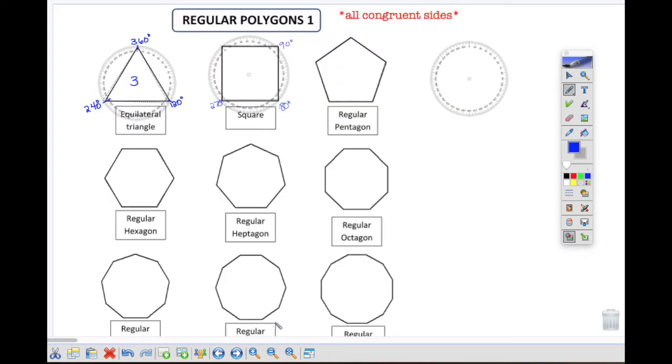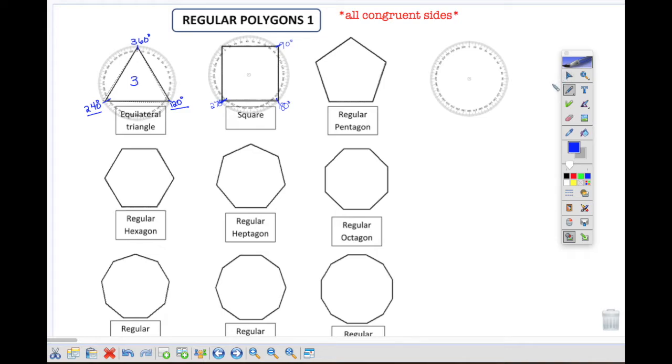All right, what we want to do is think about what the rotational symmetry will be for any shape. So for example, the triangle had rotational symmetry at 120 and 240 degrees. The square had rotational symmetry at 90, 180, and 270. So let's see, for example, what an octagon would have without actually calculating it.